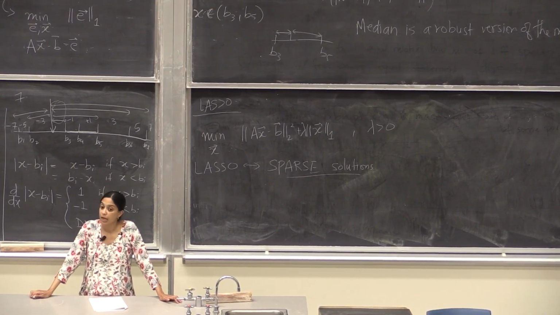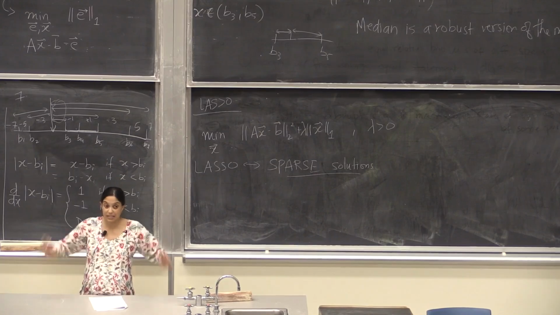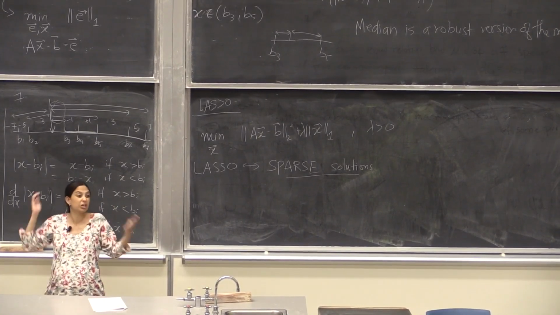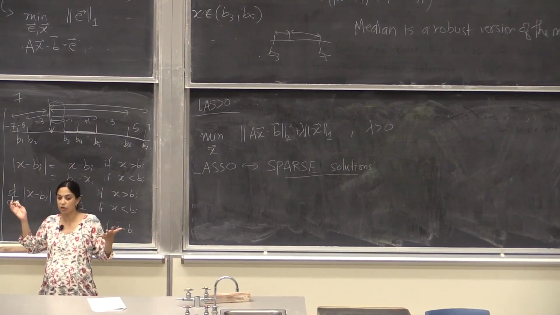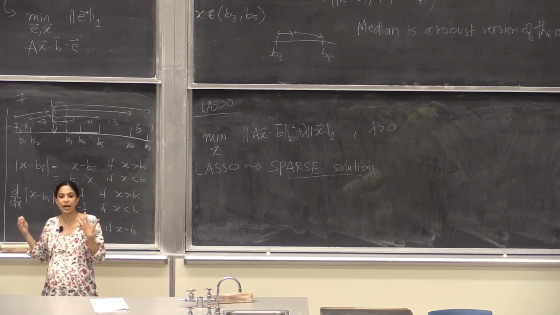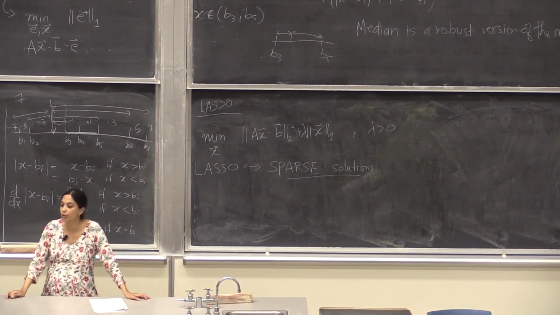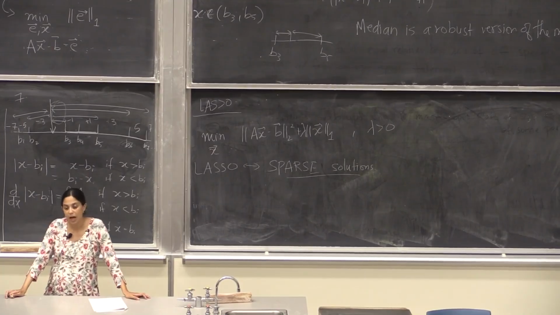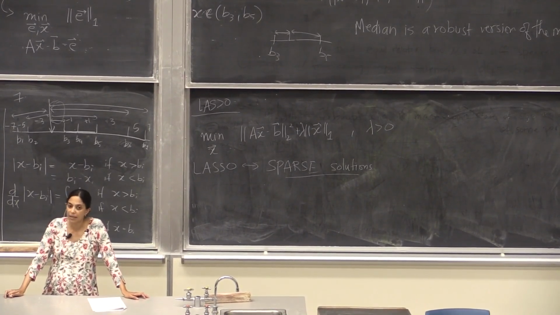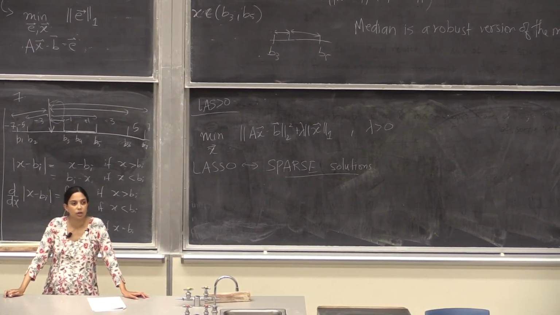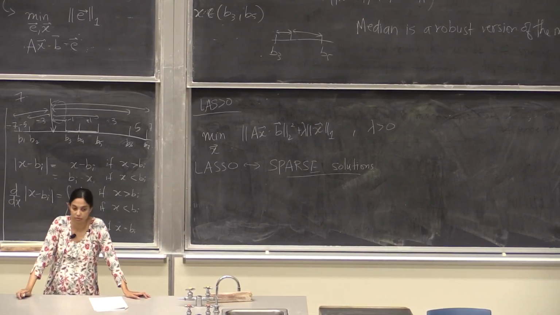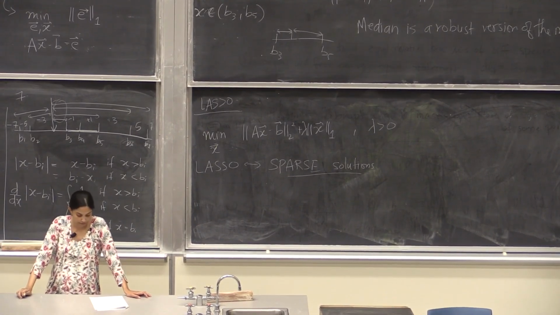In ridge regression, the side information that we had was that our unknown vector was not very large, and we used the ridge regularization as a penalty term to say penalize large values of x, don't get too large. Now we want to say, penalize things where there are too many non-zero elements. And that's what Lasso is very, very good at solving.